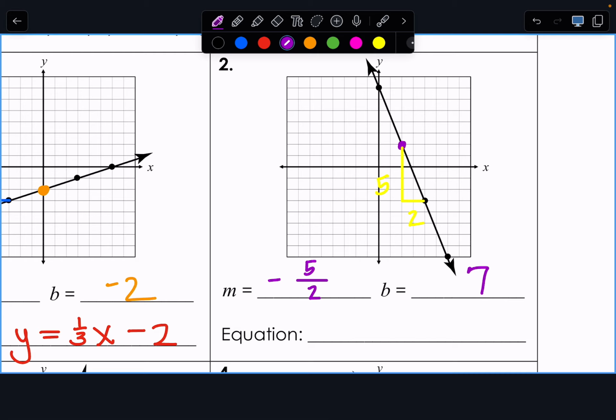Where do you think 7 came from? Do you see this dot right here? It's on the y-axis. It's at 7, okay? So it's a coincidence that 5 and 2 make 7. It has nothing to do with what's happening here. The y-intercept comes from that guy right there. Where does the line hit the y-axis?